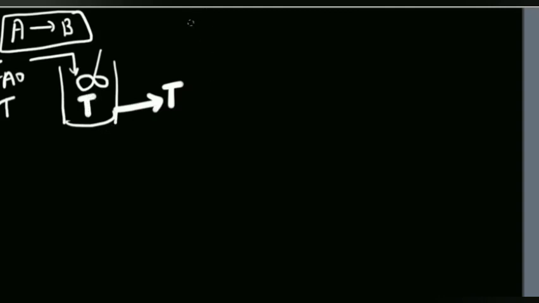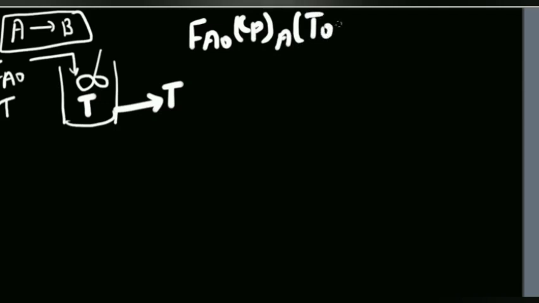Then finally you will see Fa naught Cp of A (T naught minus T) minus Fb Cp of B (T minus T). Just try to understand: you will be thinking the product must be coming out from the reactor.